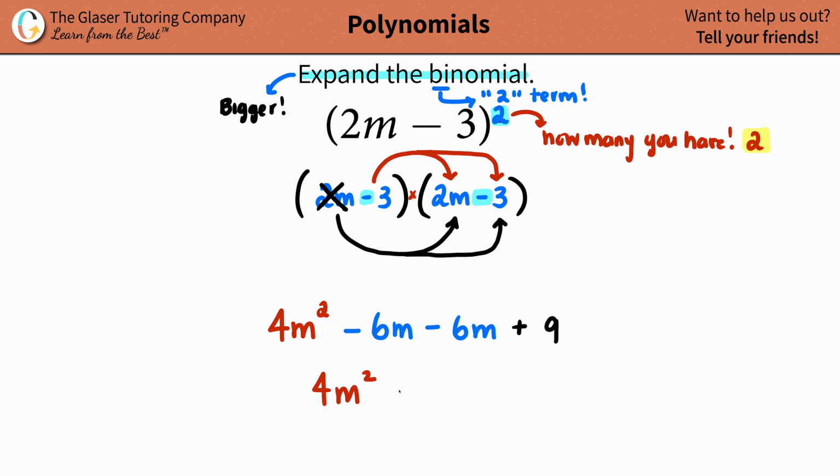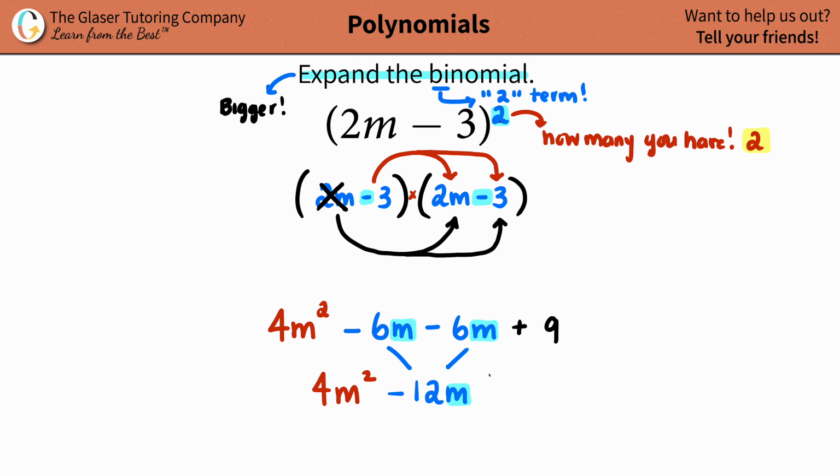So -6 minus 6 is a -12. And when you're adding or subtracting variables, the variable stays the same. Only when you're multiplying do you collect them all. But when you're adding or subtracting, the variable name stays exactly the same. So since this is an m and this is an m, this is just going to be an m.